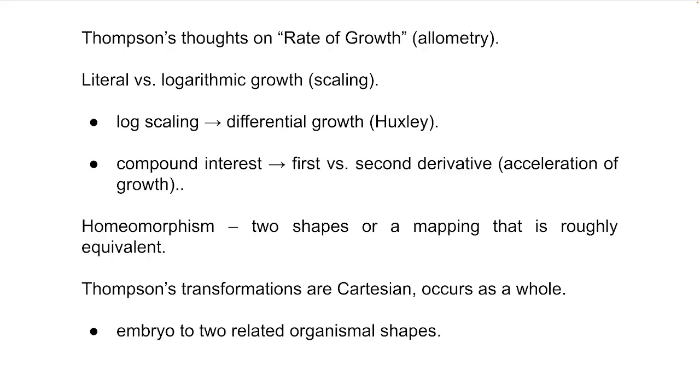So thinking a little bit about Thompson's transformations on these grids, these are Cartesian grids. We're used to thinking in terms of fancy geometries and dimensionality reduction when we think about modern machine learning and modern mathematical biology. But in this case, he just used Cartesian coordinates.